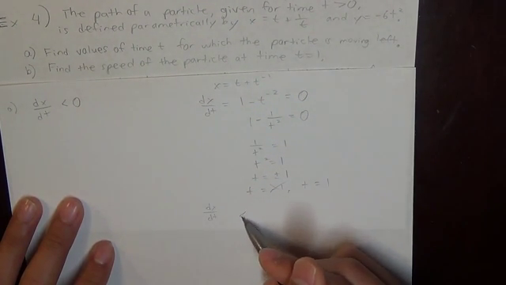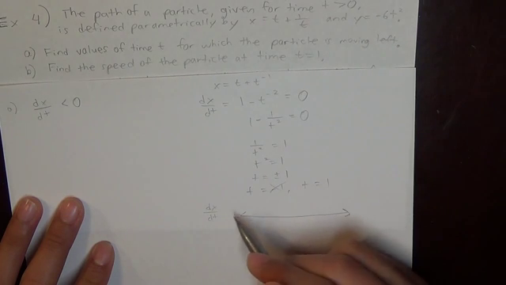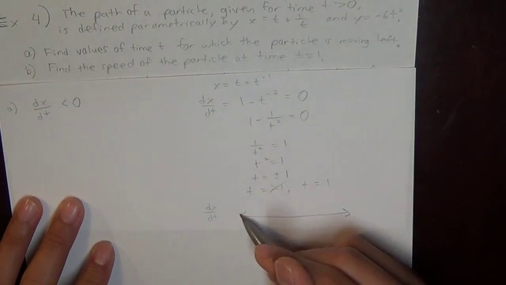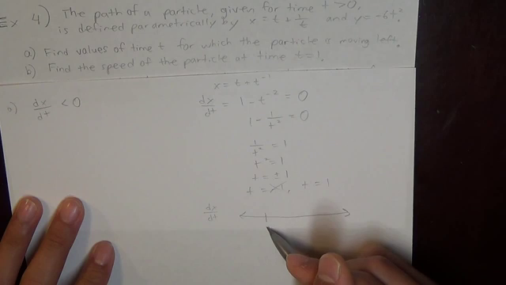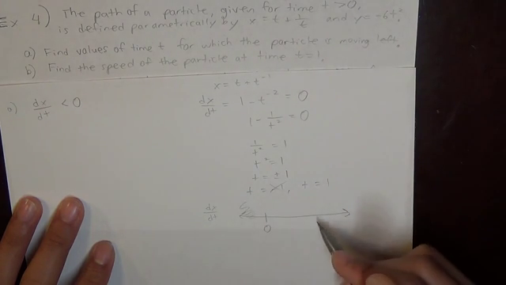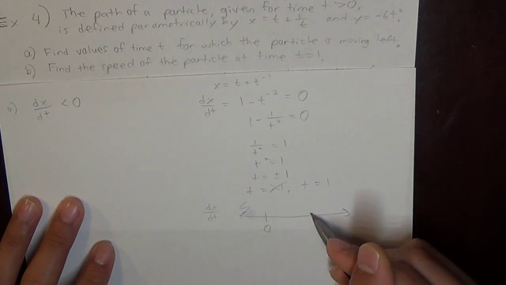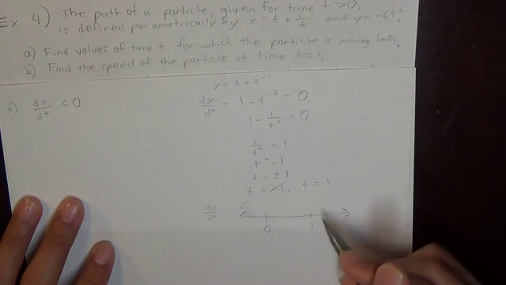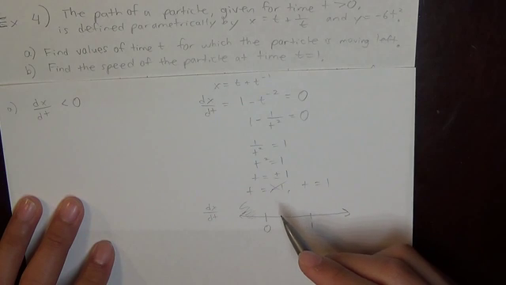We have to do a sign test to see when dx/dt is negative. We're not looking at values less than 0, only values of t greater than 0, and t equals 1 is our critical point. So now let's do our sign test.